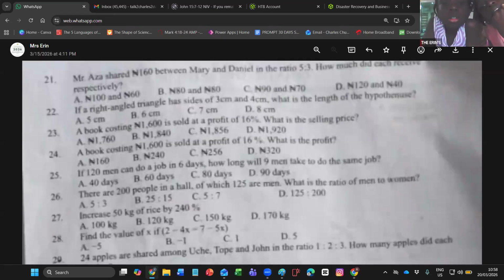So 240%. You can see clearly this one is already more than 100. So we want 240% of 50 kilograms. When we get the answer, we'll add it back to 50 kilograms, because they said increase 50 kilograms by. That is what they're telling you it should increase by.